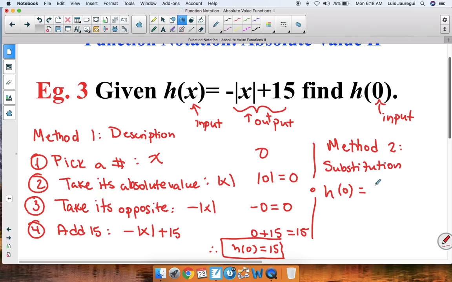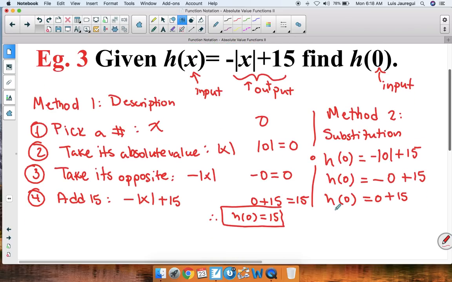So we have the opposite of the absolute value of 0 plus 15. So h of 0 is equal to the opposite of the absolute value of 0, which is 0, plus 15. And the opposite of 0 is equal to 0. So we take that 0 and add the 15 to get h of 0. And 0 plus 15 is 15. So we get that h of 0 is equal to 15.